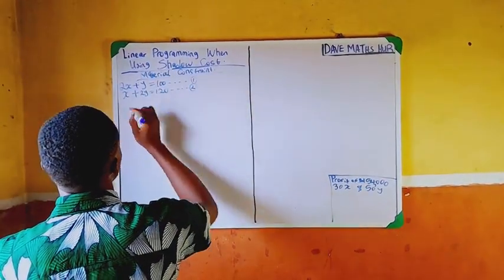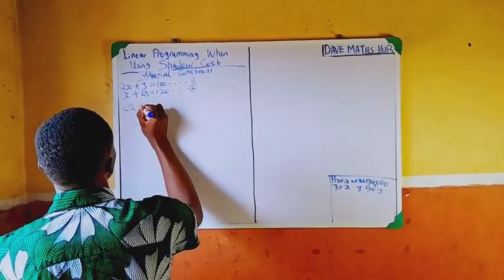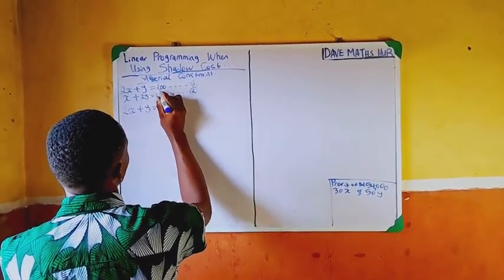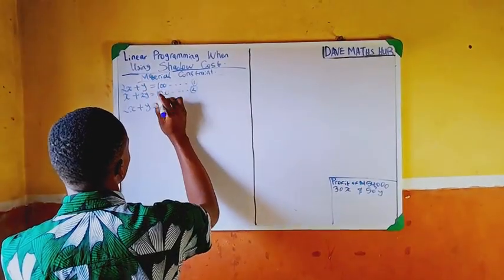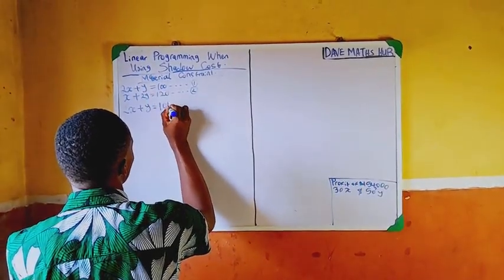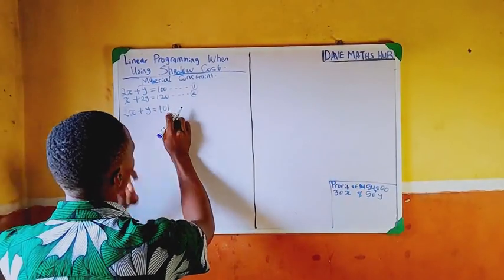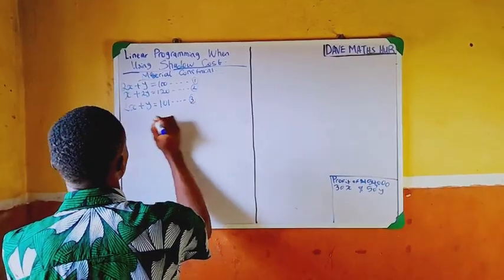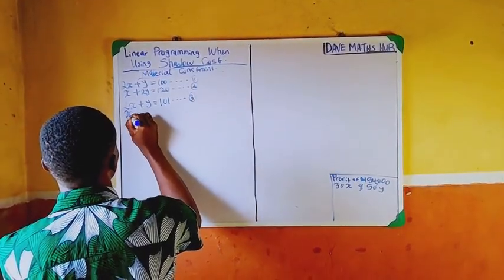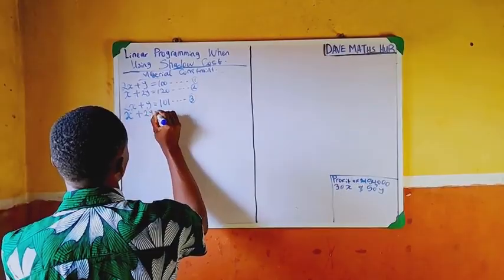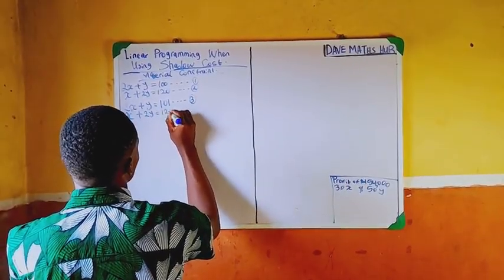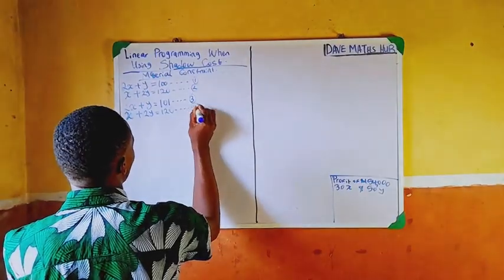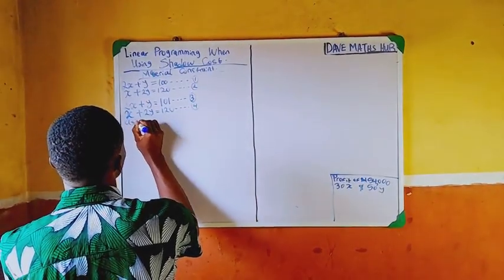So since we're dealing with material, we'll add 2x plus y. After the equality sign, this will become 101. This is the extra 1 unit, making this equation 3. This one remains the same, x plus 2y equals 120, equation 4.